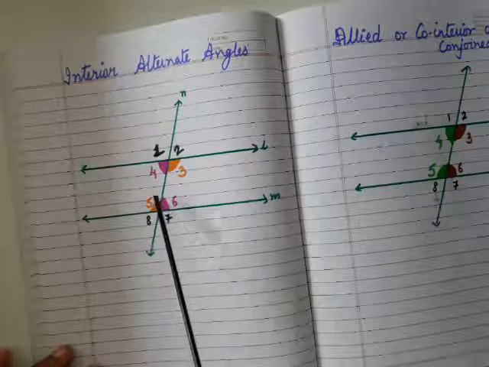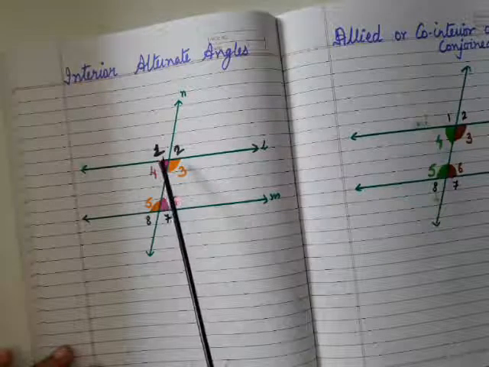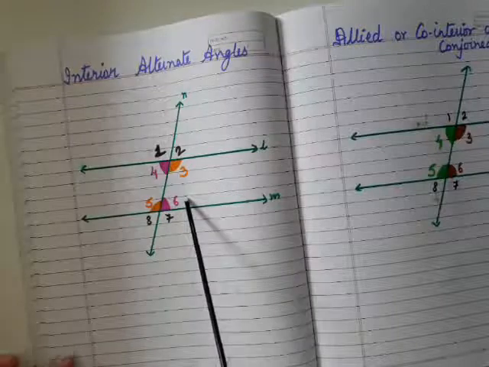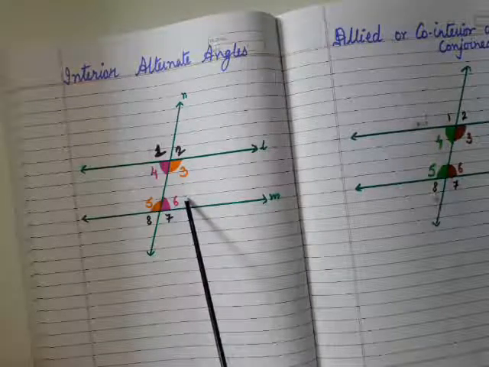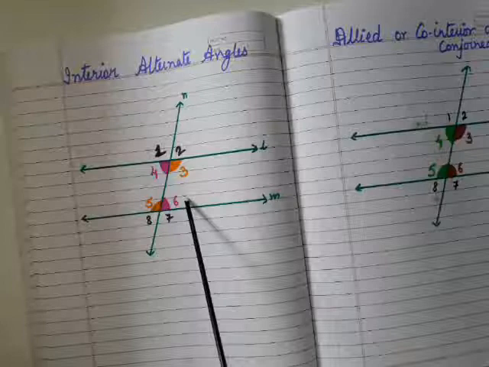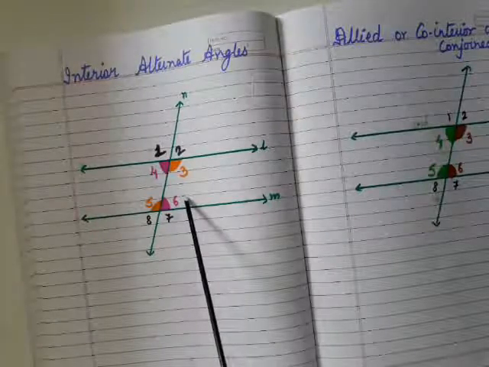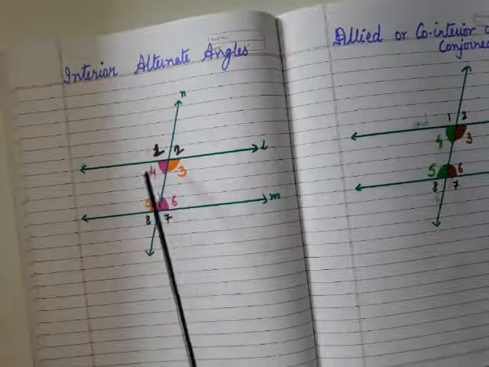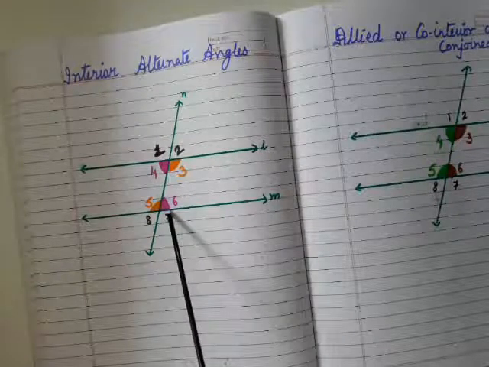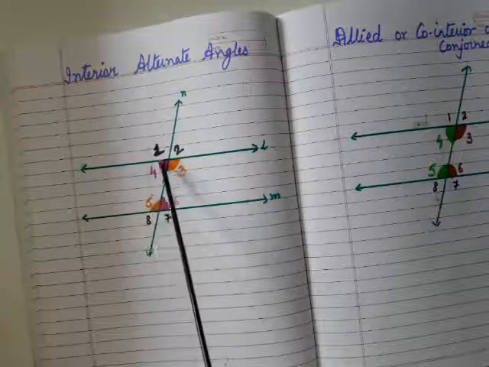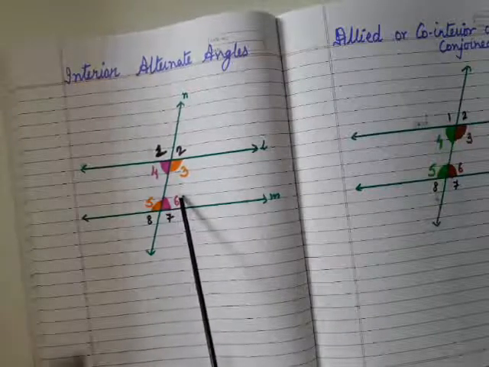So 3 and 5 are a pair of alternate interior angles, and in the same way 4 and 6 is also a pair of interior alternate angles. You can say either interior alternate angles or alternate interior angles, but the words interior and alternate are very important: interior means towards the inner side of the lines, alternate means leaving one. So for 3 the alternate angle is 5, for 4 the alternate angle is 6.